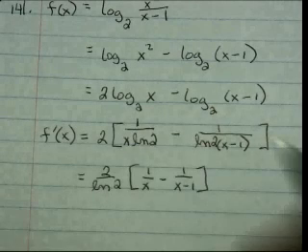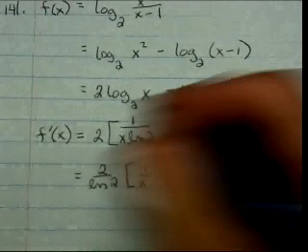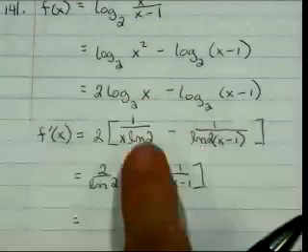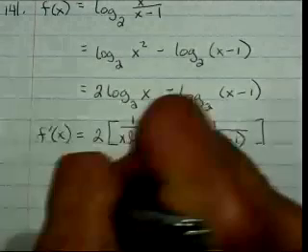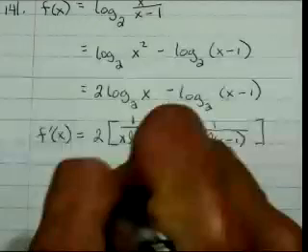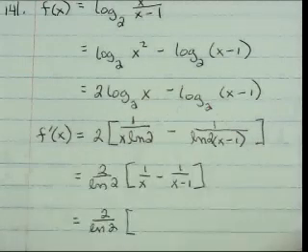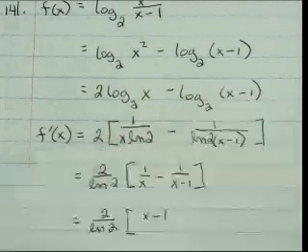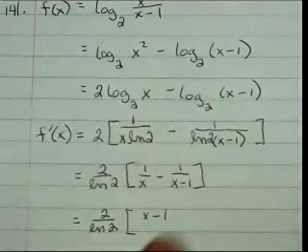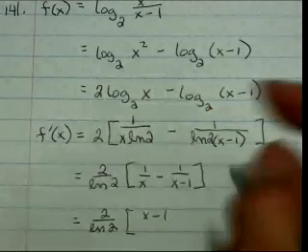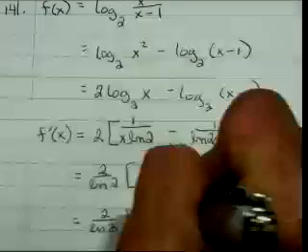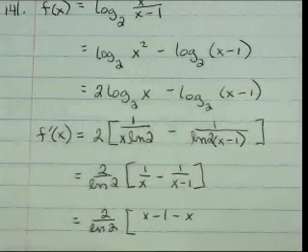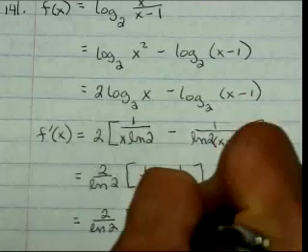If you multiplied the first term by x minus 1 over x minus 1, then that first numerator would be x minus 1. And if you multiplied the second term by x over x, the second numerator would just be x, and they would both be over the LCD.